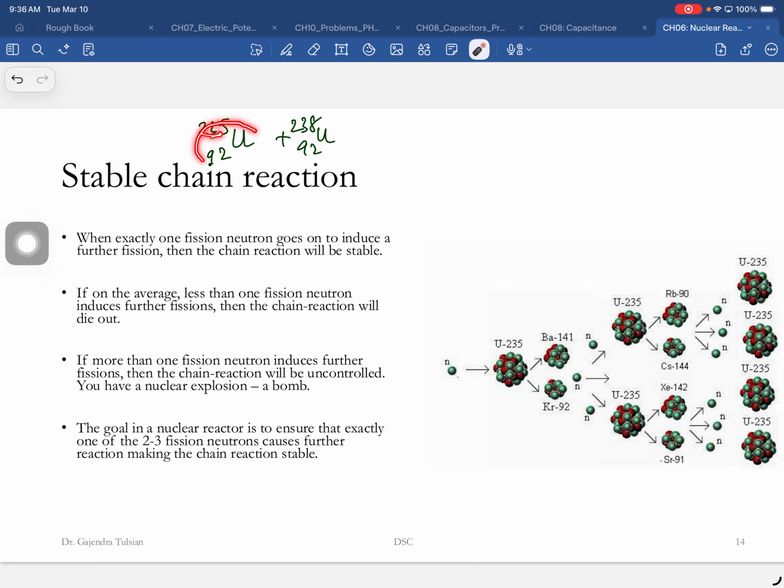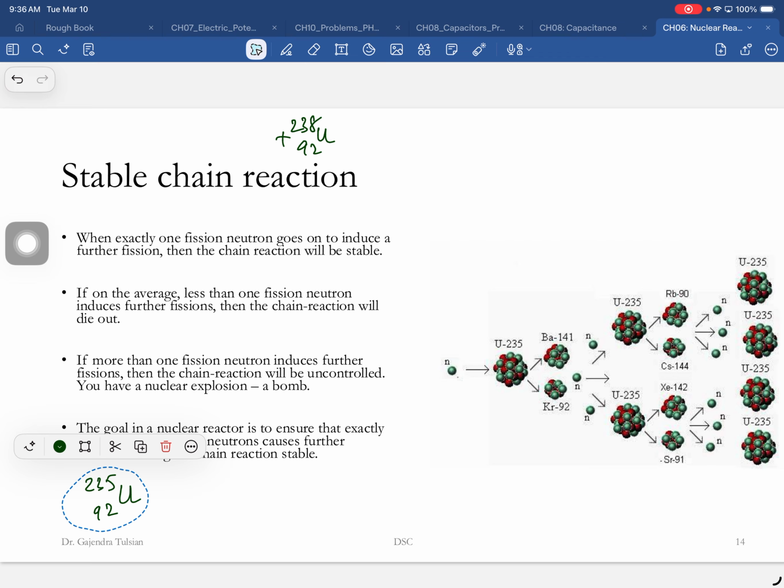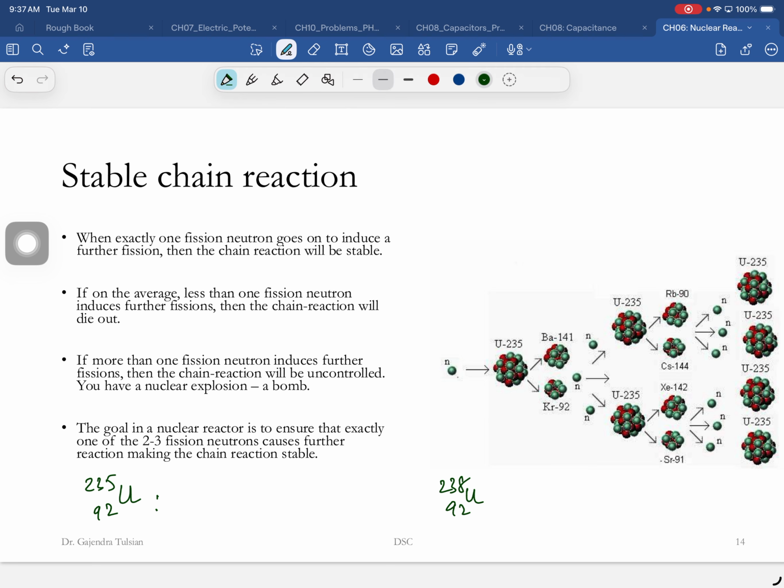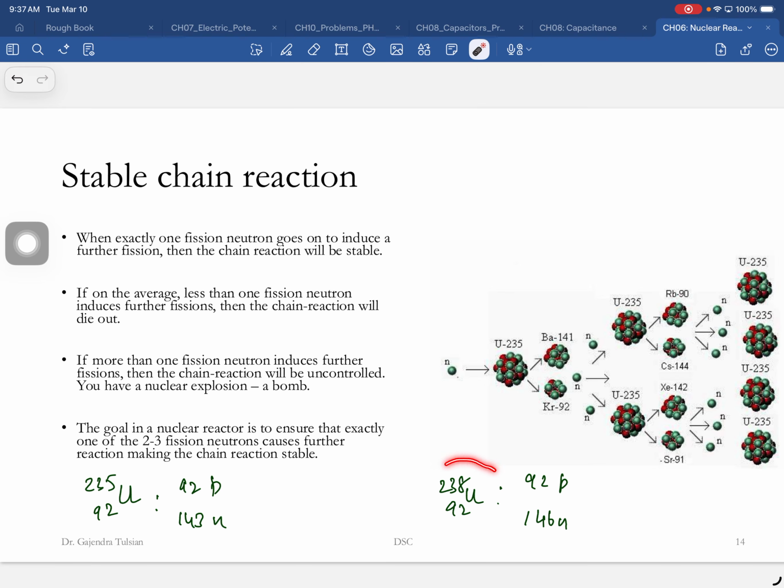So this one has 92 protons and 143 neutrons, and this one has 92 protons and 146 neutrons. So this one is just a heavier cousin.